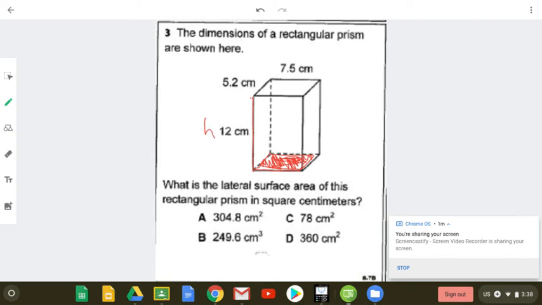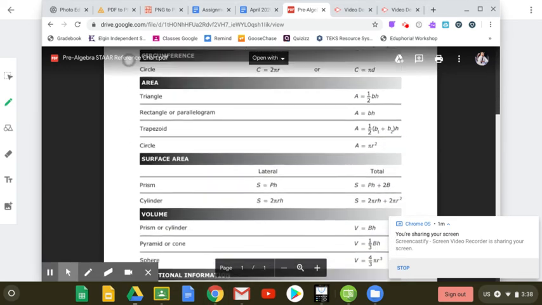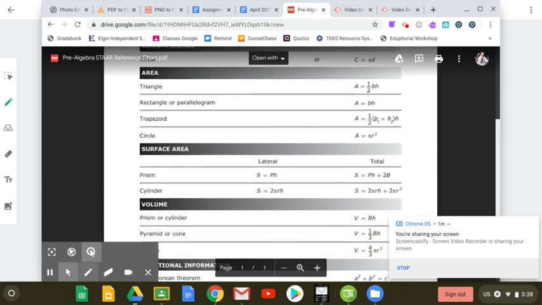The next thing I'm going to do, because I know those measurements, is go to the formula chart and look for lateral surface area. So here's surface area located right here, and it says lateral. So my focus is going to be right here.